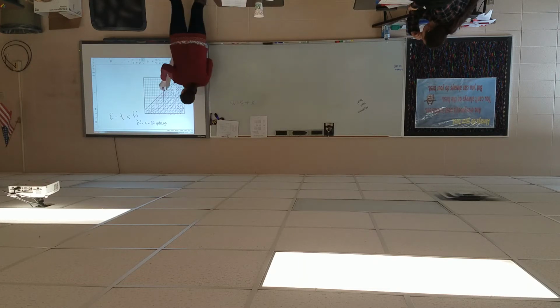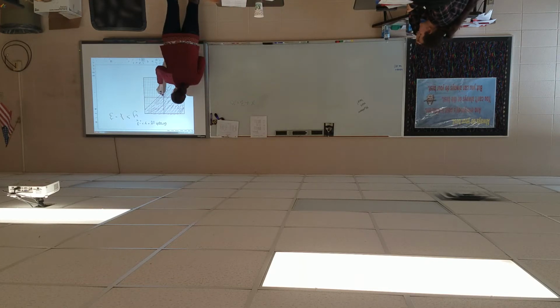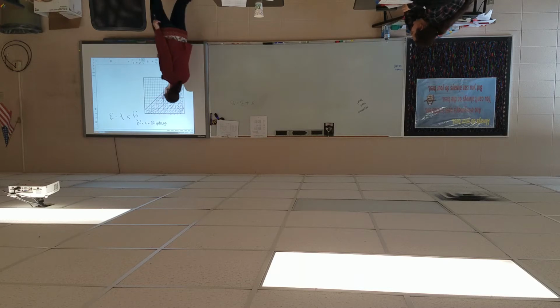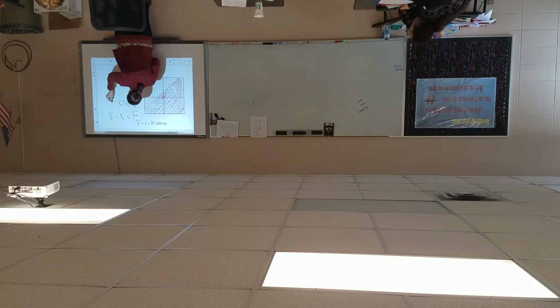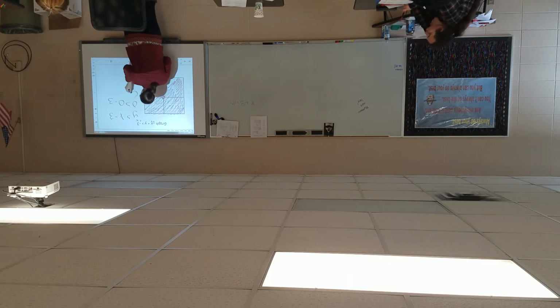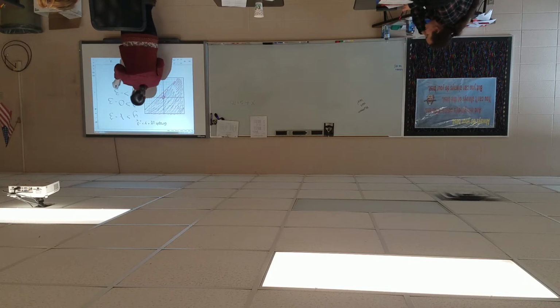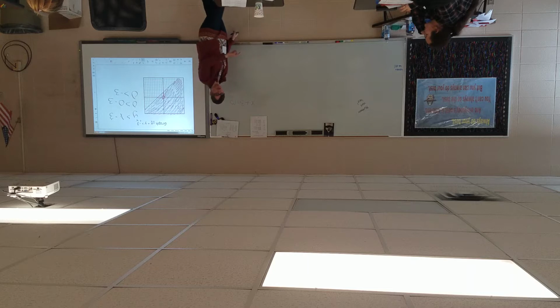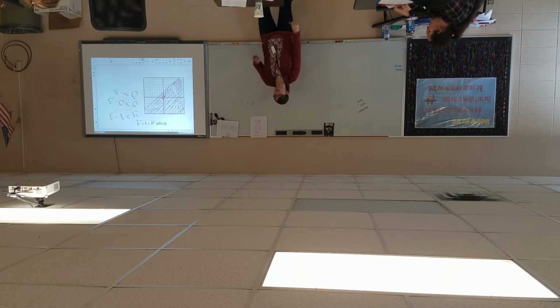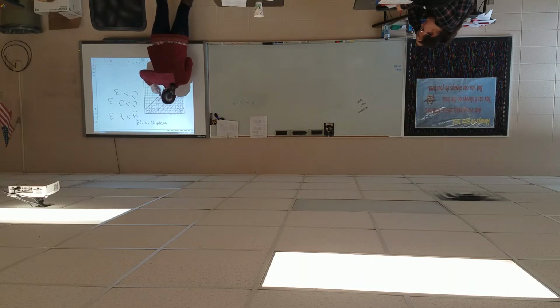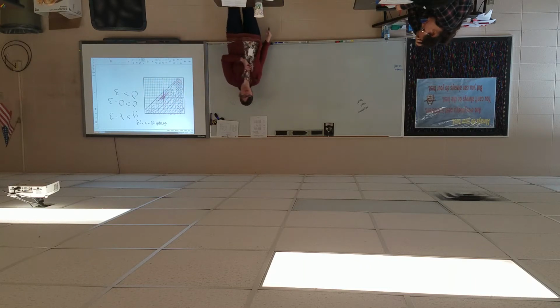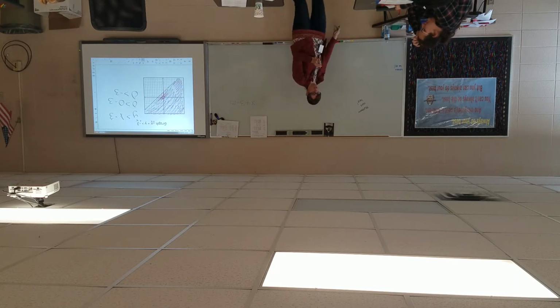So, here's 0, 0. Plug that into your inequality here. Is 0 greater than -3? Yes. So if that's true, then that's the side that should be shaded. Whatever side 0, 0 falls on the line, that's the side that should be shaded.